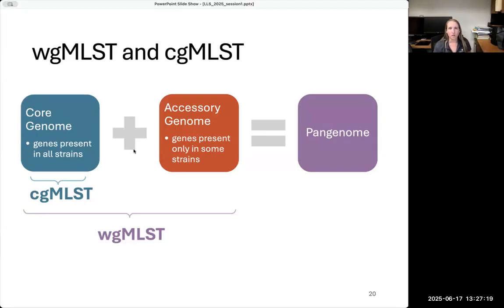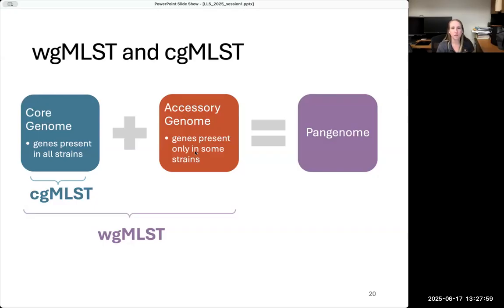So now we will move into the whole genome MLST and core genome MLST. For groups of organisms, let's say a species or a serovar or a genus, there's going to be a core genome. So these are going to be genes that are present in all of the strains in that group. So for, let's say, Listeria monocytogenes, it would be genes that are present in all or almost all Listeria monocytogenes. So anything that's essential for them to be alive is definitely going to be in the core genome.